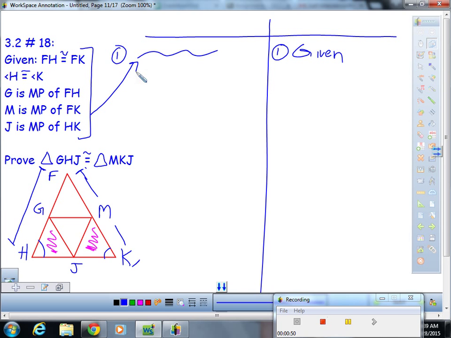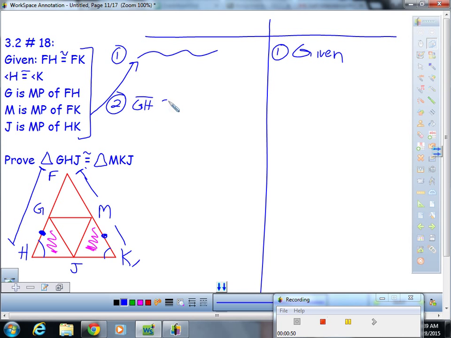Now, notice that these two big segments are congruent, but G and M are the midpoints of those congruent segments. So we can directly, in one step, say that which two segments are congruent to each other? Cole? Excellent, Cole. So we're going to say that GH is congruent to MK with our second step.